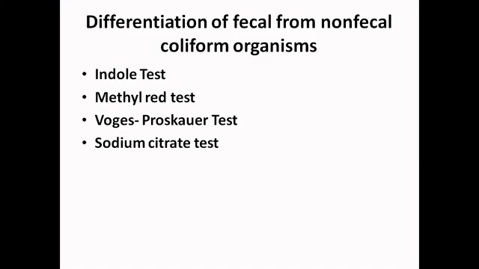The result of IMVIC for a typical strain of Escherichia coli is indole positive, methyl red positive, Voges-Proskauer negative, and citrate or sodium citrate test negative. While for Enterobacter aerogenes, it is indole negative, methyl red negative, Voges-Proskauer positive, and citrate positive.